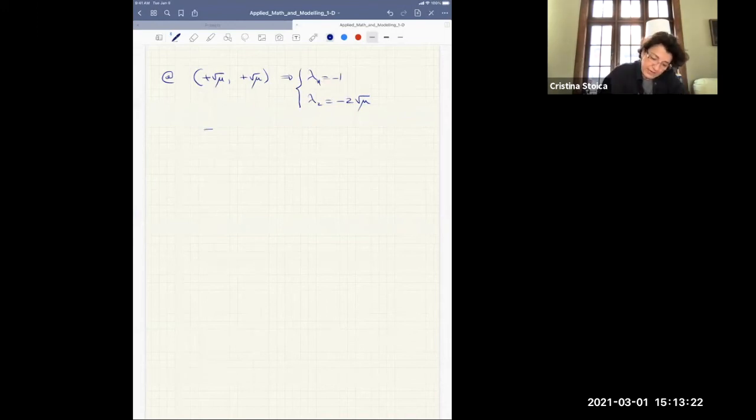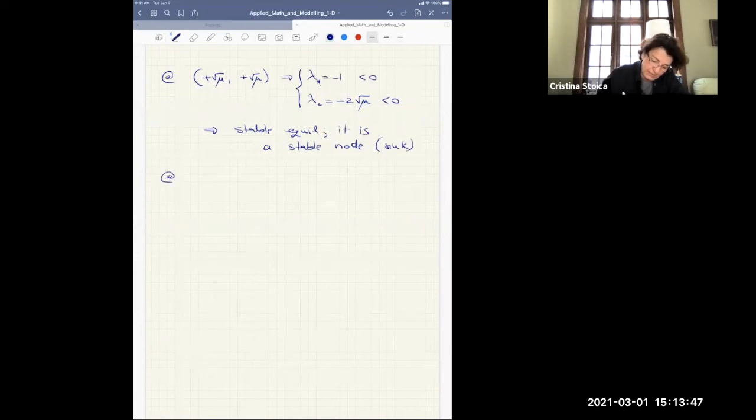So in this case, we're gonna have that this is a stable equilibrium, right? Because they're both negative, yeah? And it is a stable node or a sink, okay?